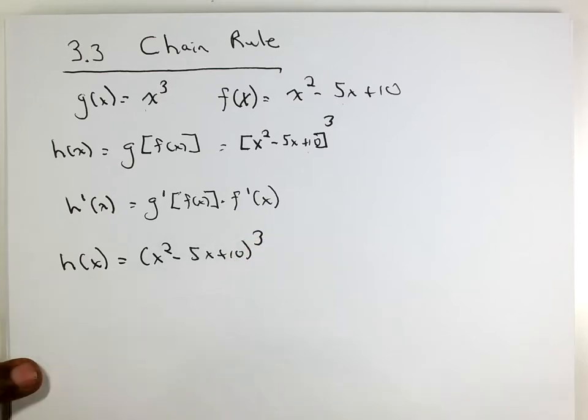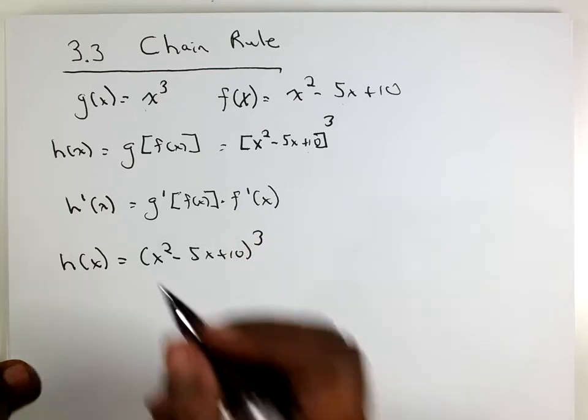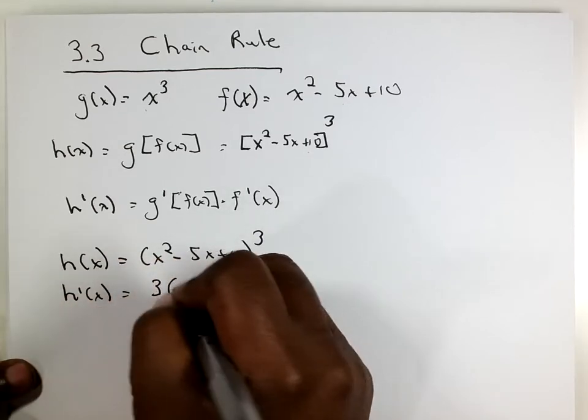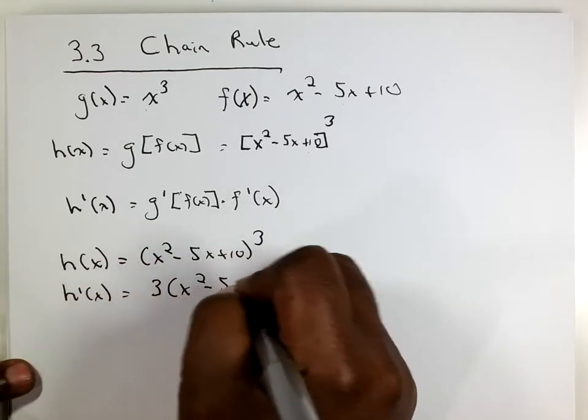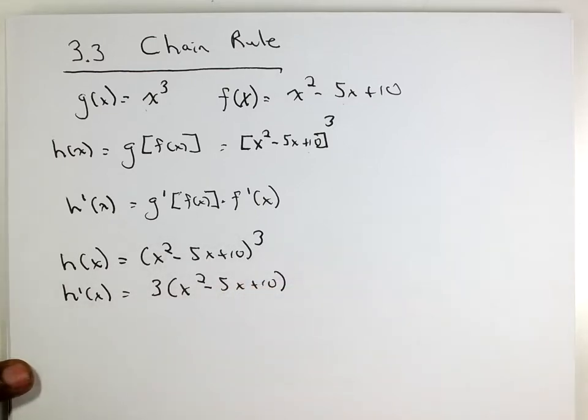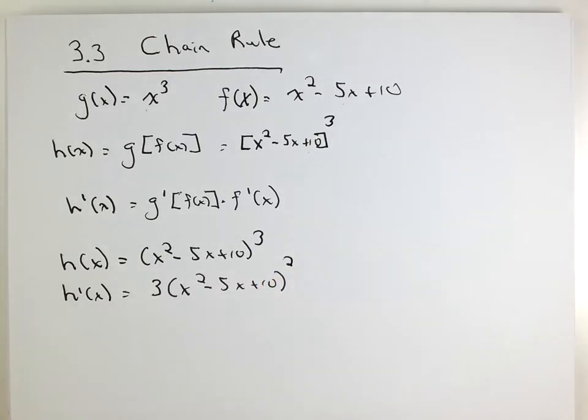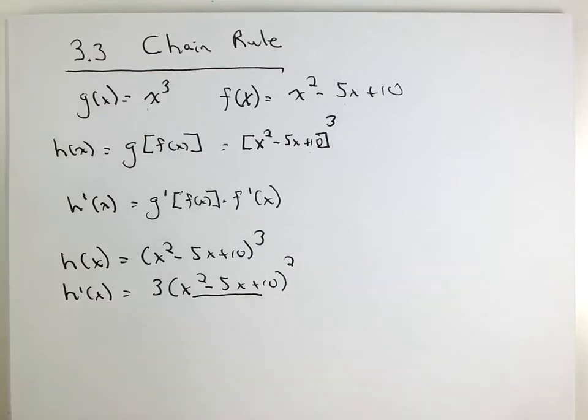So taking the derivative of that, it's just the power rule. So that 3 gets multiplied out front. Leave what's there alone for now, x squared minus 5x plus 10. And now this is going to become to the second power because I multiply it out front and then you have to subtract 1. Now I'm going to take the derivative of what's inside of there.